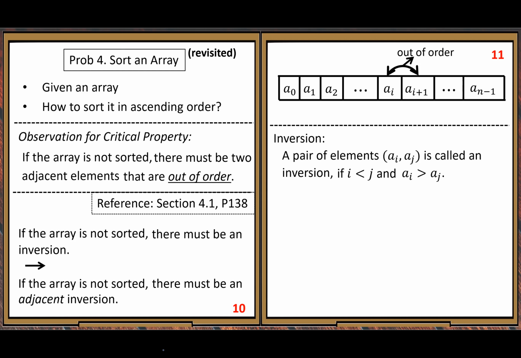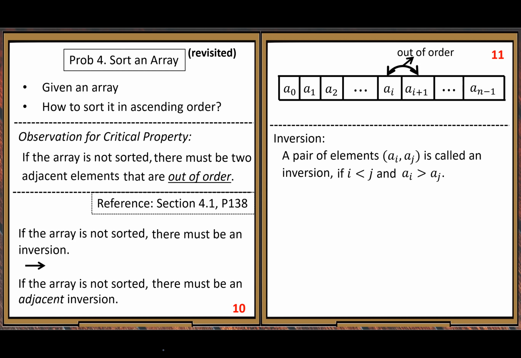Because the local inversion is much easier to fix than the global inversion, right? For the global inversion, you need to look everywhere in the array, so you need to do more work. But for the local inversion, every time you just look at two adjacent elements, so you can do less work.